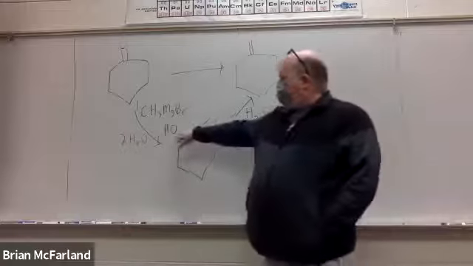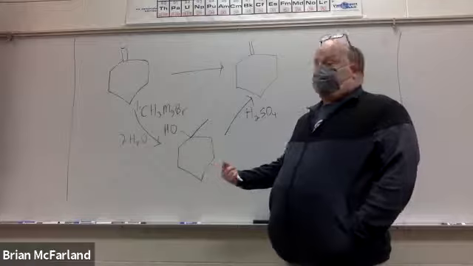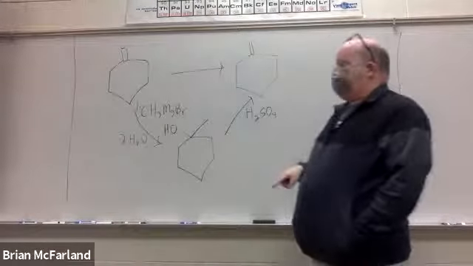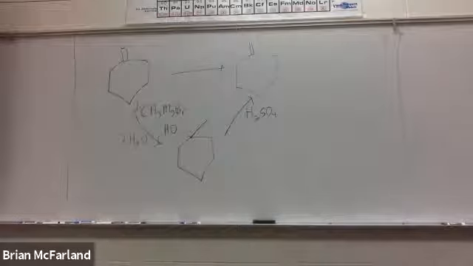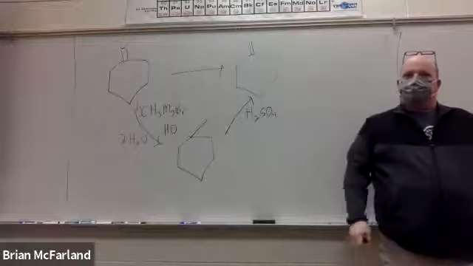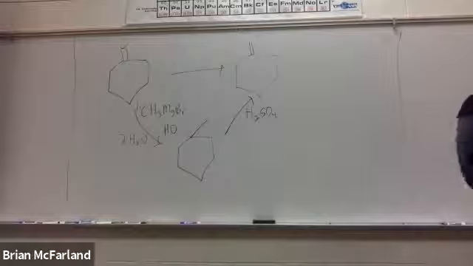So you're going to lose this OH, and you're also going to lose a beta hydrogen, right? And there is a beta hydrogen over there, so you absolutely do make that product. However, there's a little caveat here. What's the caveat? You do make this, but it's not going to be resonance.